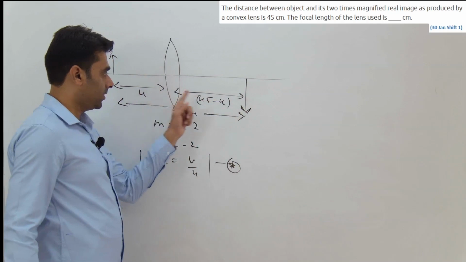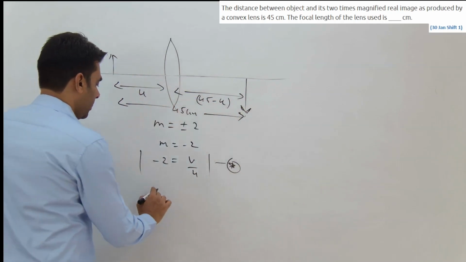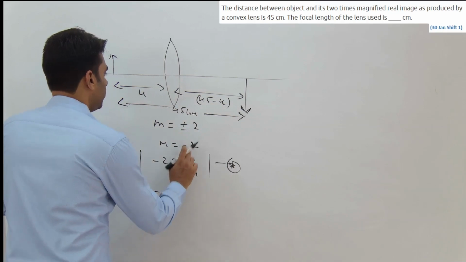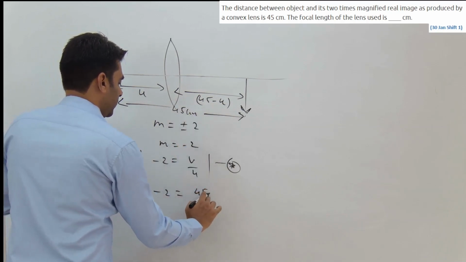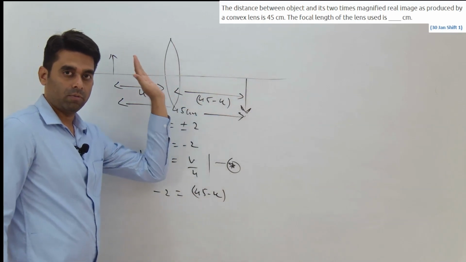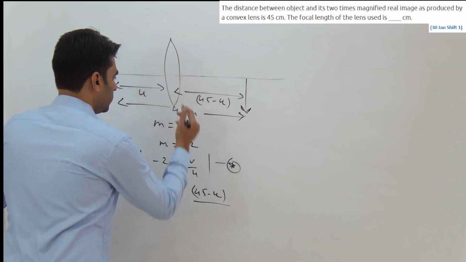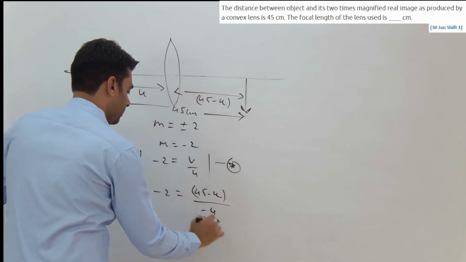Now let us substitute these distances with sign convention in the relation that we have got. Minus 2 is equals to V value 45 minus U, right? Real image, that implies the image distance will come positive only, and U will be opposite to the incident ray, so it will be taken as minus U. What do we get?